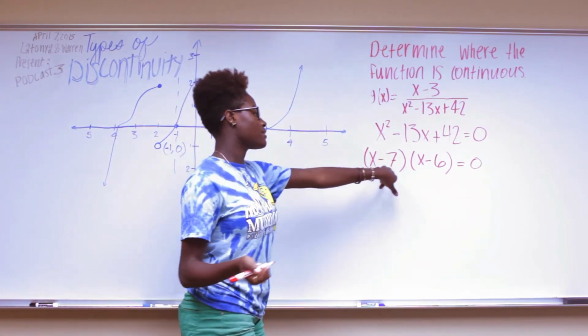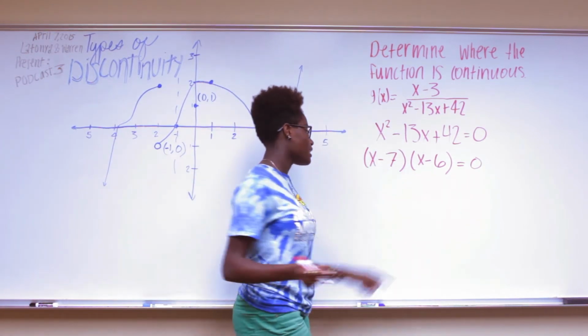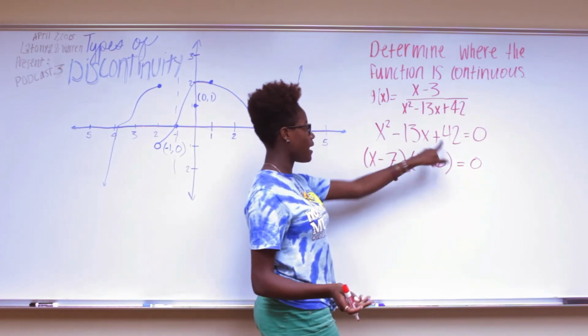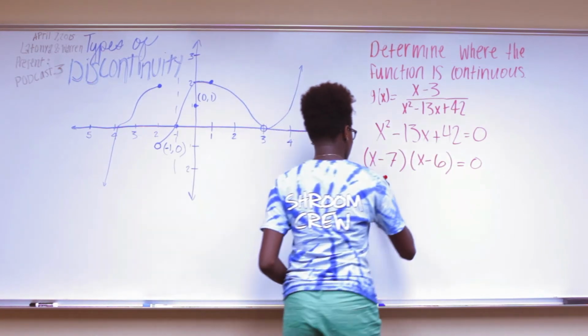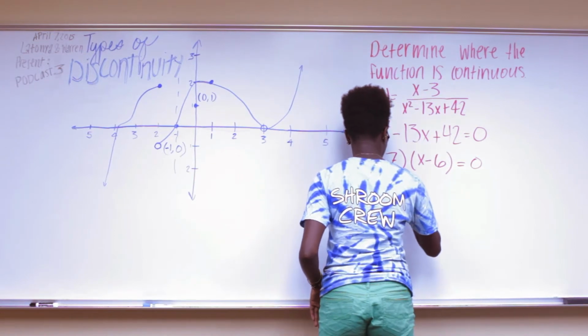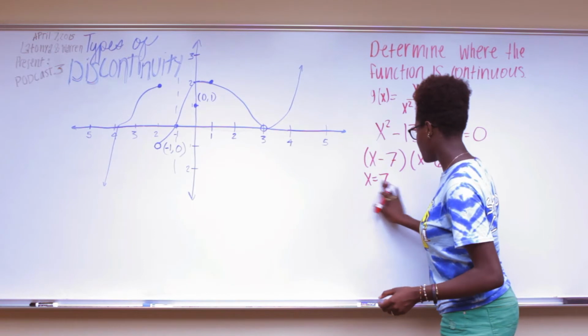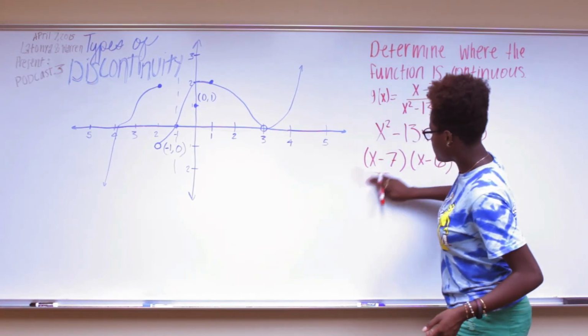Because 6 plus 7 equal 13, and the two negative signs when you multiply them together would be positive 42. So x equals 7. How did I do that? Let's backtrack a little bit. Whoop, that's ugly.